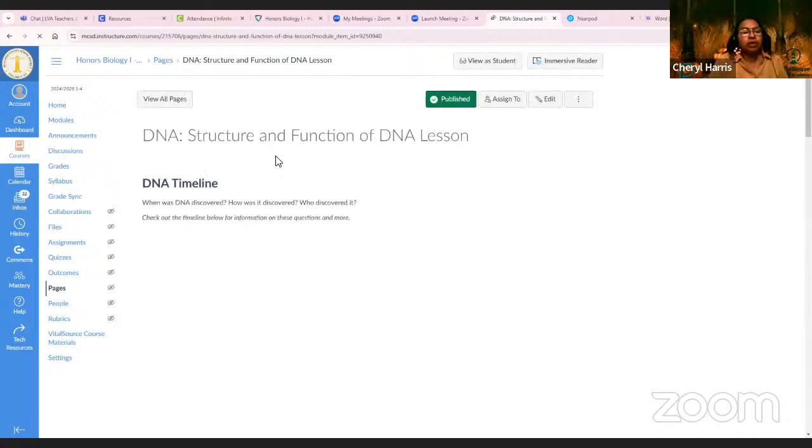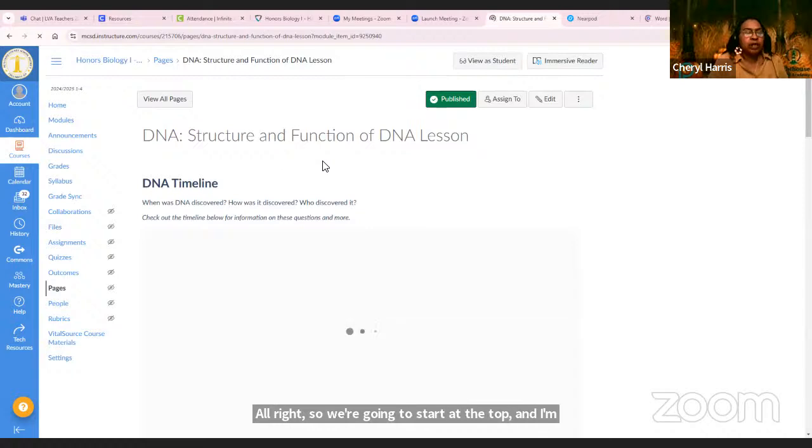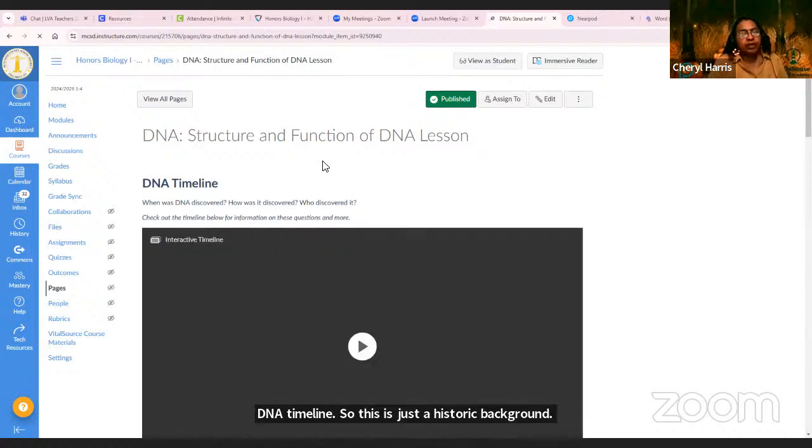All right, so we're going to start at the top, and I'm going to go through the DNA timeline. This is just a historic background of the discovery of DNA. And then when we do the Nearpod, it's going to pick up where this one leaves off. This one is going to leave off where the Nobel Prize winners discovered the structure of DNA.